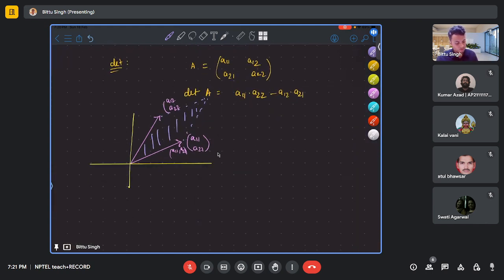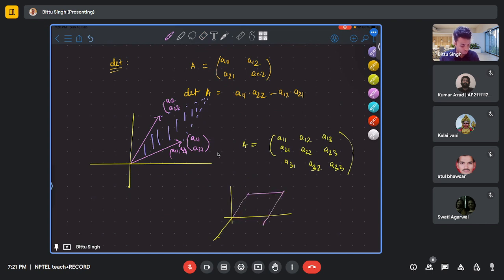Similarly, you can consider a 3 by 3 matrix with entries A11, A12, A13, and so on up to A31, A32, A33. Then it will give the volume of this three-dimensional object.